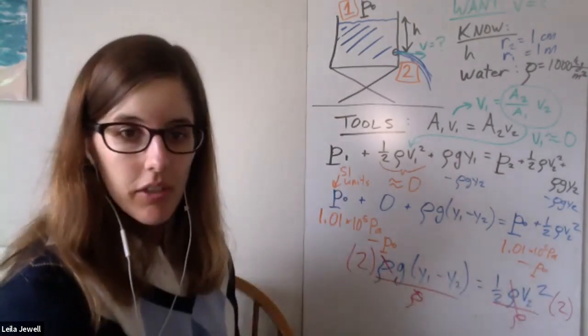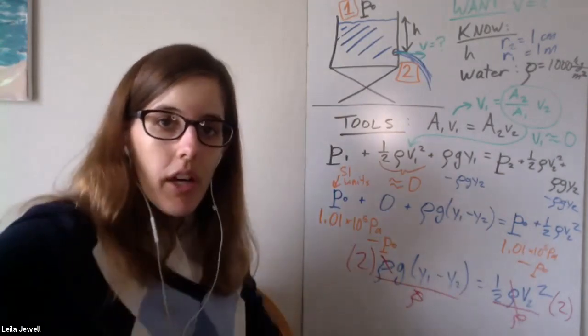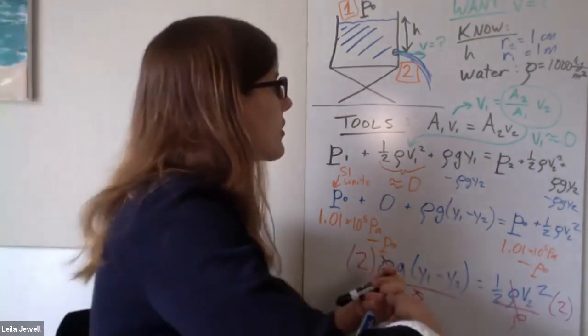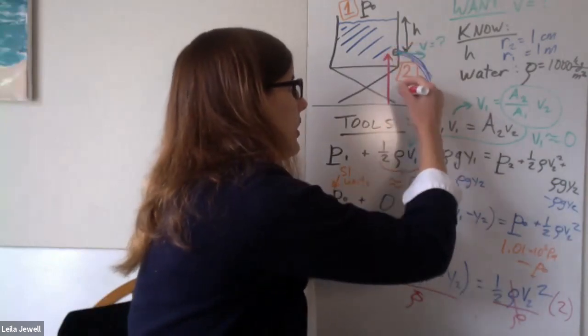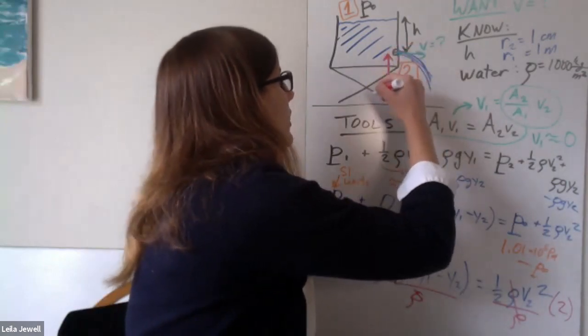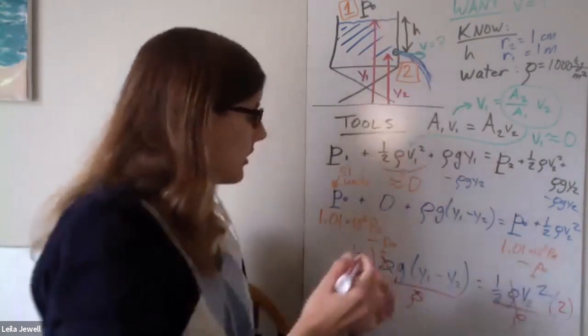The last thing we can note is this y1 minus y2. That's the relative heights of each of these points. If we set the ground as 0, which we don't have to, we could call this y2, and we could call that one y1.